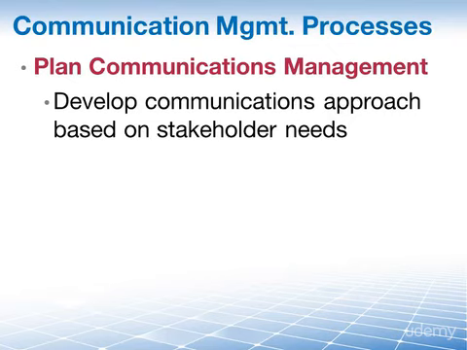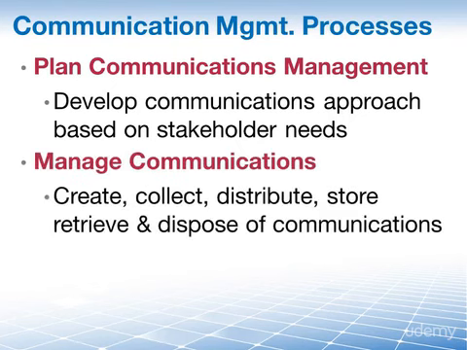Once we know how we're going to communicate, well, we're going to communicate in manage communications. That is the process of creating, collecting, distributing, storing, retrieving, and the ultimate disposition of project information in accordance with the plan that we developed in the first process there.